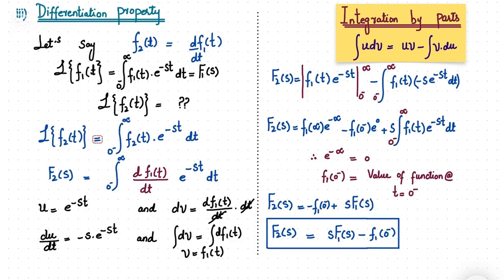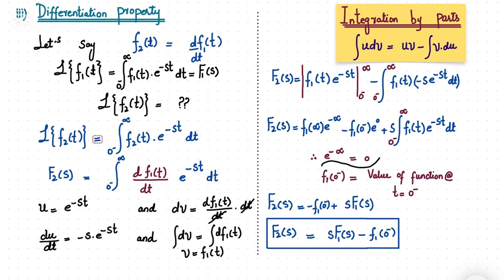Okay, then we substitute the values of u, v and du into the integration by parts formula, which is this equation. Based on this equation, from this factor, when we substitute the upper limit, it reduces to f1 of infinity into e raised to power minus infinity, and we know that e raised to power minus infinity is equal to 0.